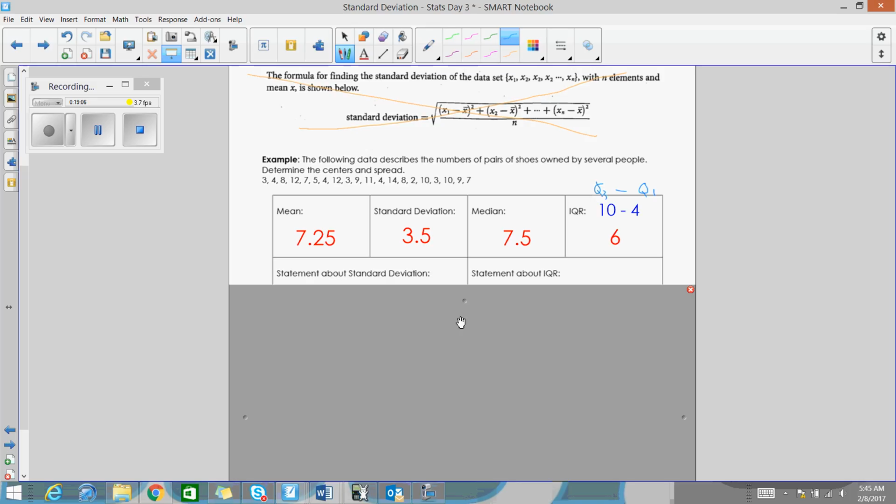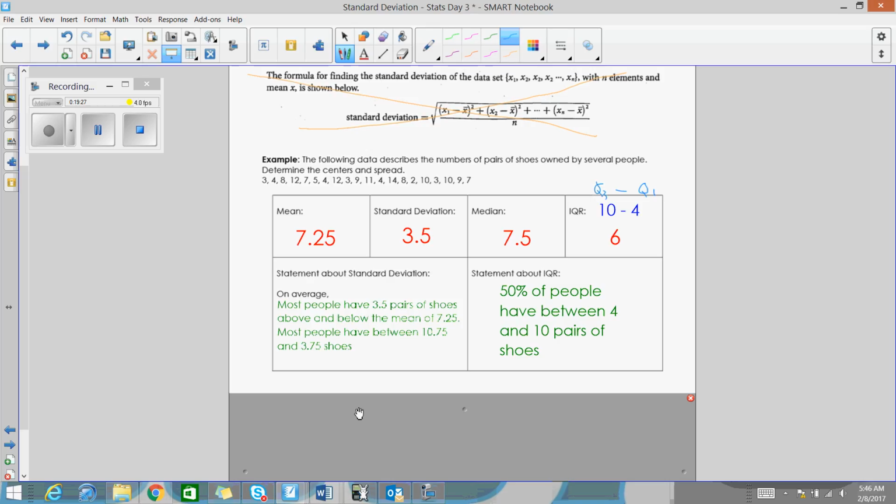So now, today we're going to talk about statements about standard deviation and statements about IQR. We learned that standard deviation gives you the meat of your data. So your standard deviation is 3.5, meaning that if we add 3.5 to our mean and subtract 3.5 from our mean, that's where the majority of our data will lie.